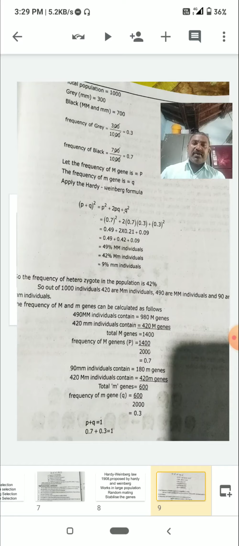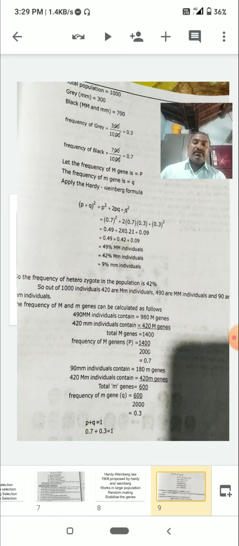Here we have to apply p square, which is 0.7 square, plus 2 into 0.7 into 0.3, where 0.7 is p and 0.3 is q, plus q square, which is 0.3 whole square.